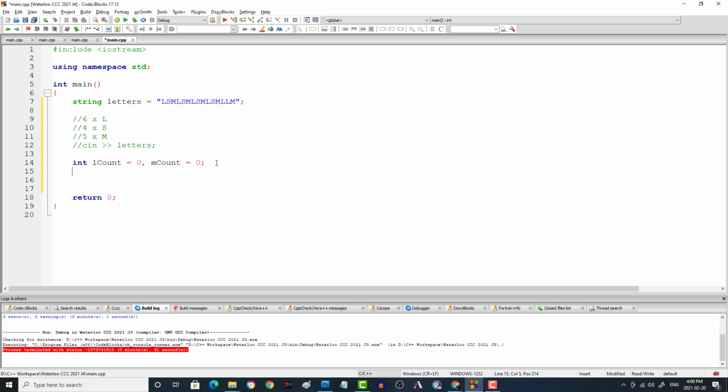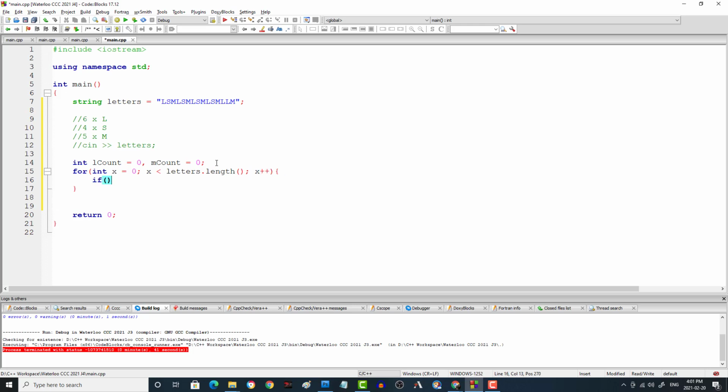So the first thing we're going to do is count how many L's and how many M's we have. We can count the S's later if we need to, but I don't think we'll need to. So we say for int x equals 0, x is less than letters dot length, x plus plus.